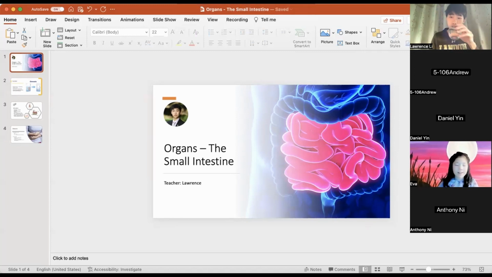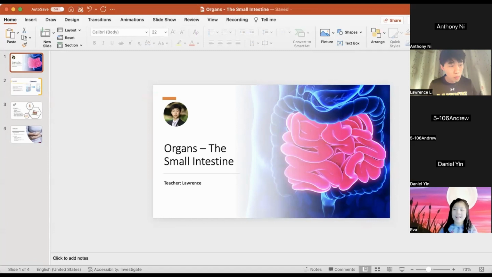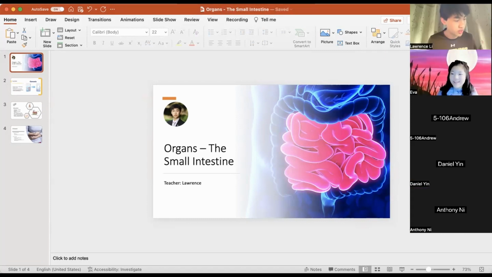In my science class, our teacher taught us something interesting. She told me that your small intestine is about 25 feet long, which is about 3 times as long as you.